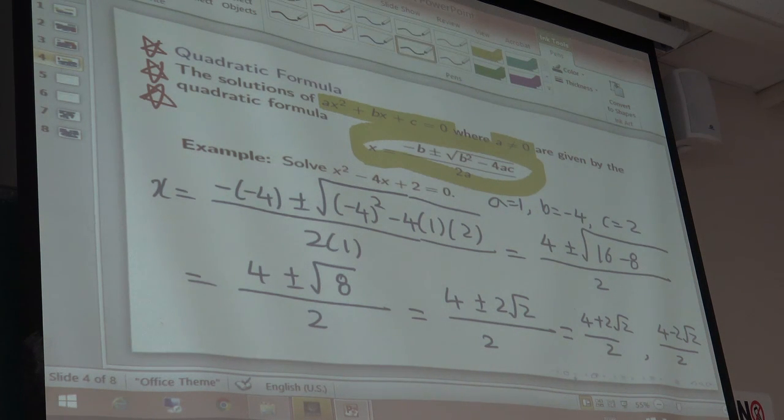If we cancel the 2, the first is 2 plus square root of 2, and the second is 2 minus square root of 2. These two are the final solutions of that question.